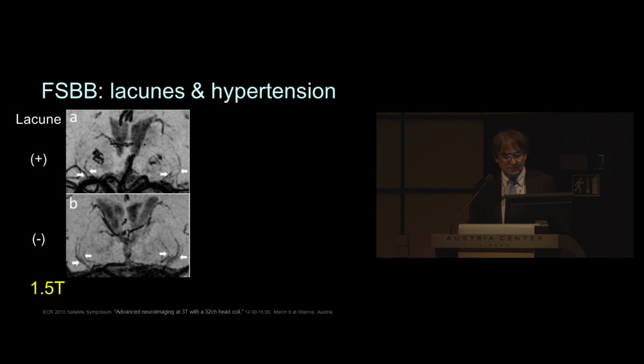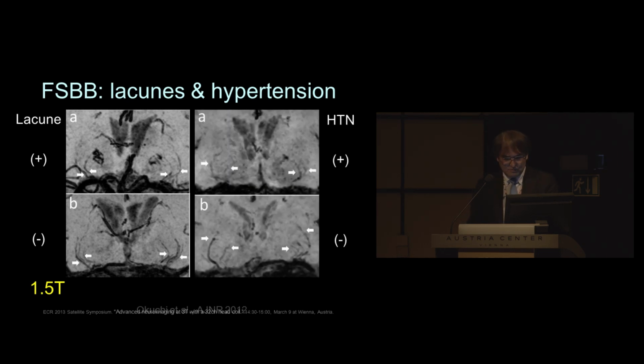So the number is decreased in the case of lacunar infarction. And when hypertension exists, visualization itself is a little bit decreased. However, you can see many branches actually, although it's not easy to count. But when there's no hypertension, of course, better visualization can be obtained.